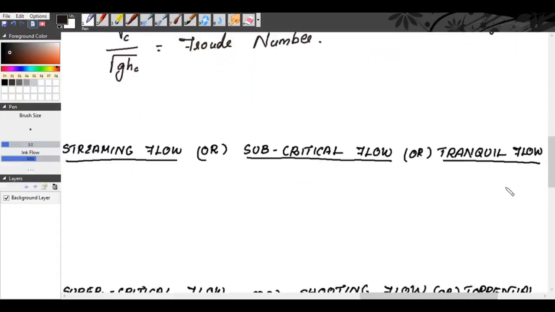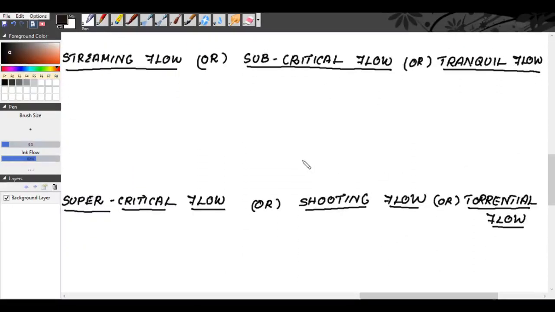Now, based on this Froude number, we can classify the flow as a streaming flow, that is a subcritical flow, and supercritical flow. We know for critical flow, Froude number is equal to 1. For subcritical flow, the Froude number, V by square root of g into Hc, will be less than 1.